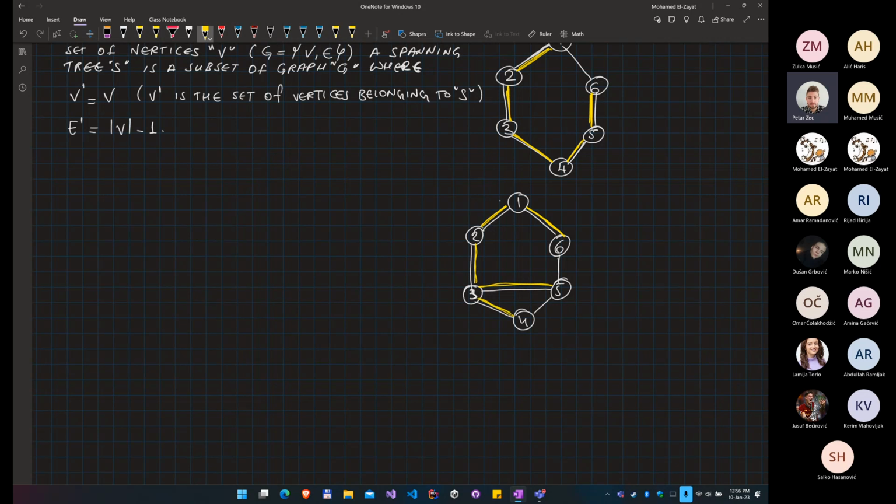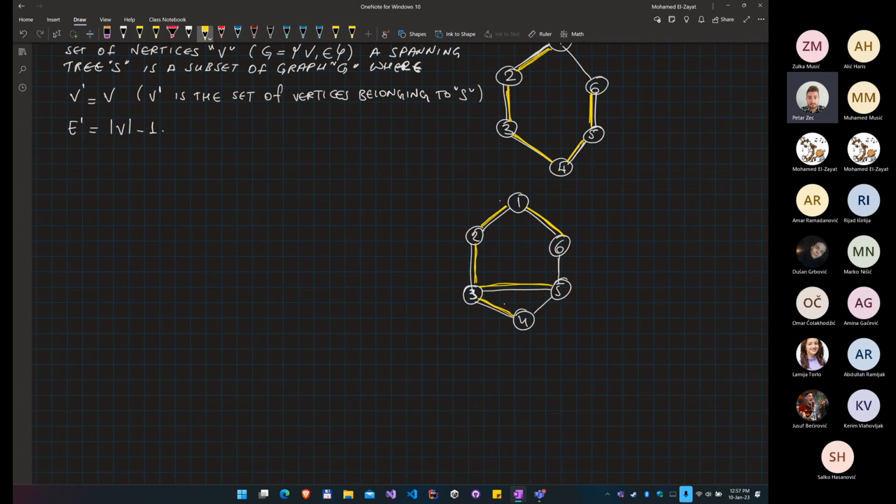This is a minimum spanning tree. There are no loops. I have all the vertices and V minus 1 edges. We have 6 vertices. How many edges do we have here? 1, 2, 3, 4, 5. So I satisfied the condition. This is a minimum spanning tree for this example.